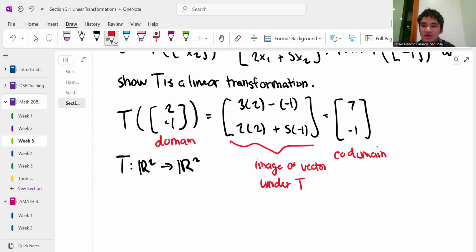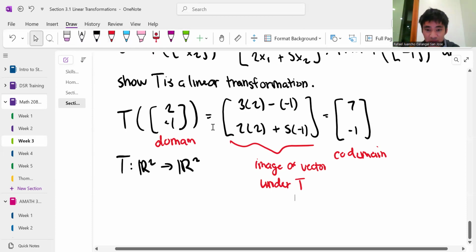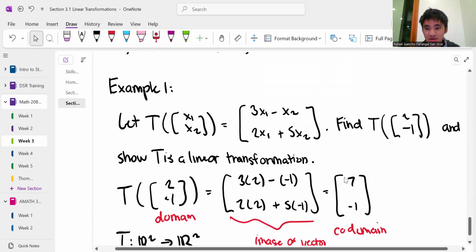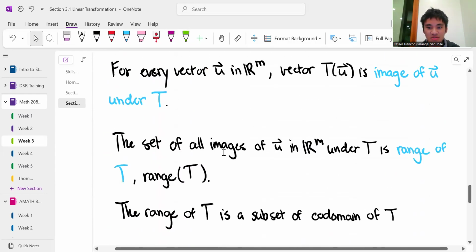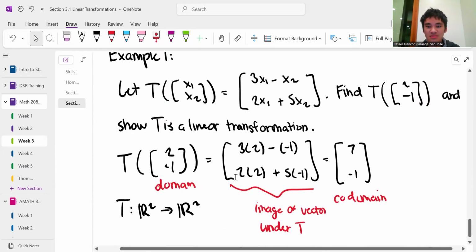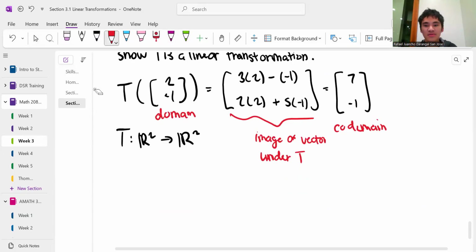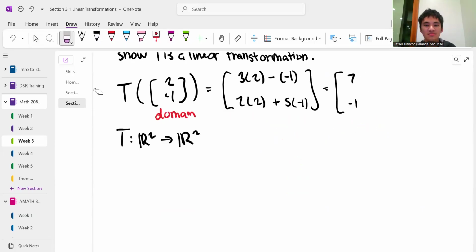This is part of the codomain. No, this is the actual value. This here is part of this codomain, right? We say the range is a subset of the codomain. Anyway, I'm just trying to sort things out here. That's what we see, right?